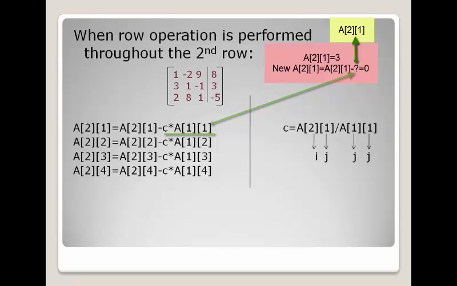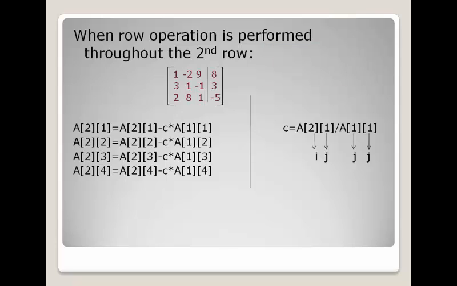You will finally get a 0 in the position a of 2, 1. Now as we have to perform a similar operation to all the elements of the particular row, we will take the next element of the row, that is a of 2, 2, and perform a similar operation. What's that operation? We will take the a of 2, 2 value minus c into the element which is just above the element present in a of 2, 2, that is the element present in position a of 1, 2.